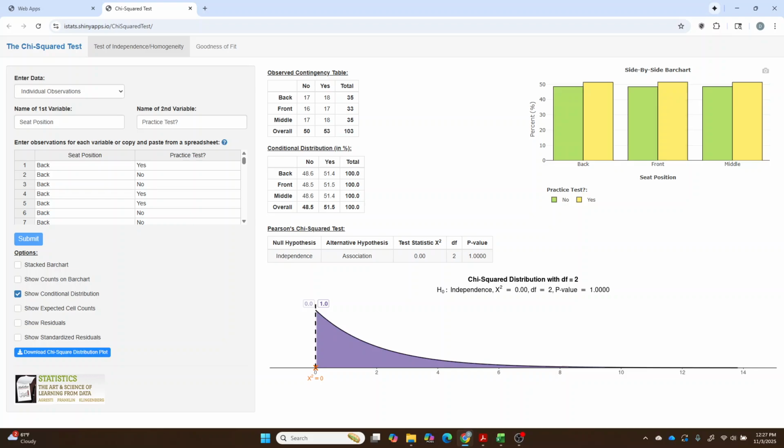Okay, so let's write all this stuff down. First of all, we've got to copy and paste this contingency table. I'm just going to do it by hand, and you don't have to give me the totals or anything, but I do definitely want to see these numbers here.